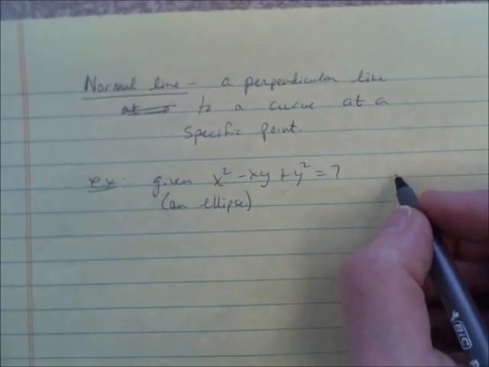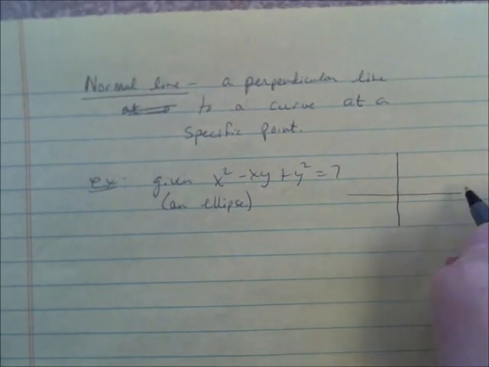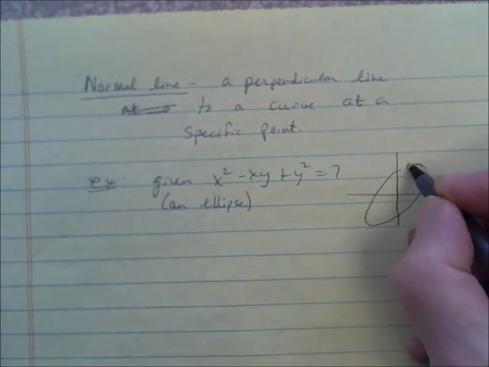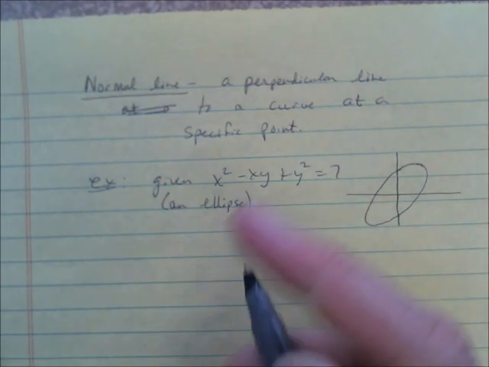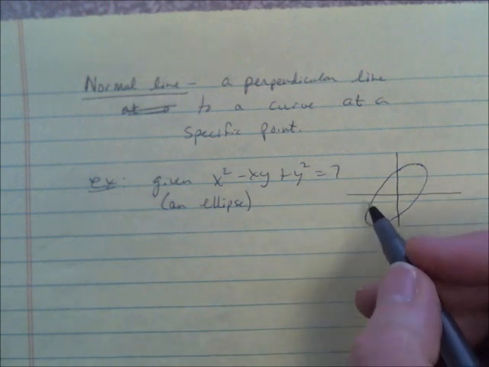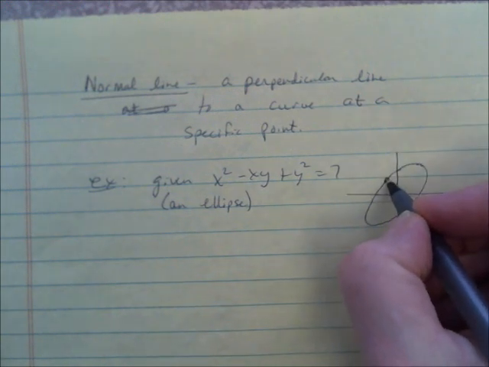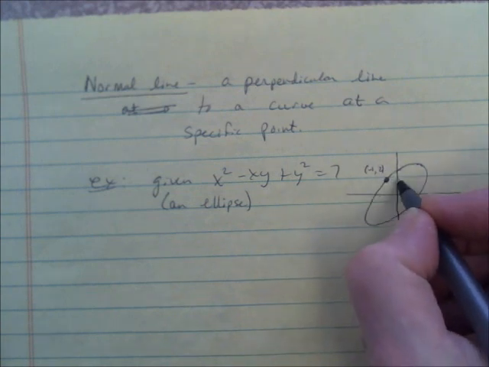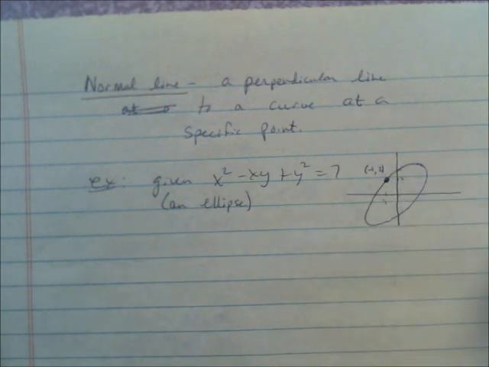So if you wanted to sketch out this graph, it would kind of look like this. You could come up with several x and y values and plug them in, and you would find a few points on here. One of the points on this curve is (-1, 2). So here's a 2 and here's a -1.